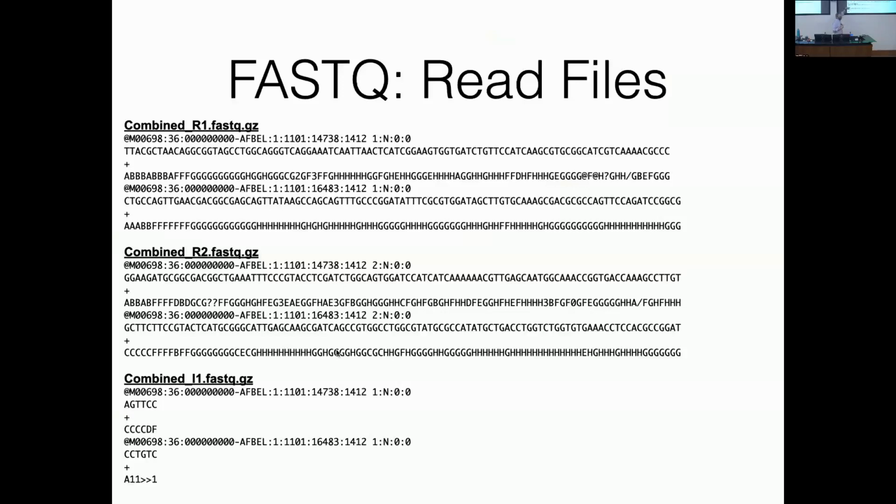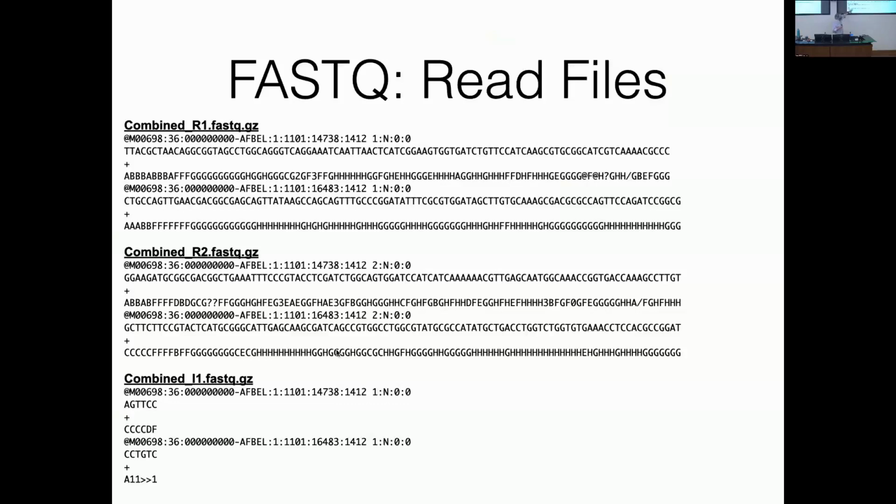And you have to have one quality character for every sequence character. Everything else that you see here is not part of the format, but the manufacturers of the different sequencers have their own conventions that they use.